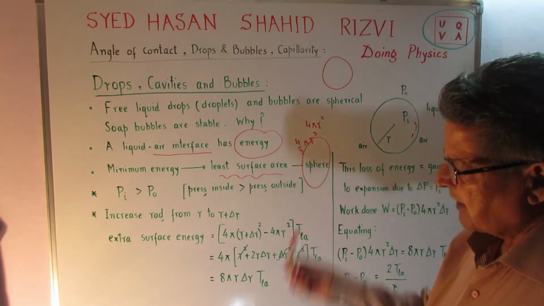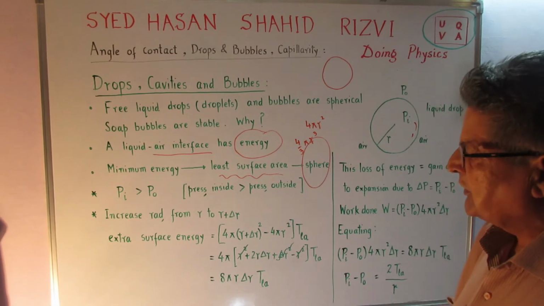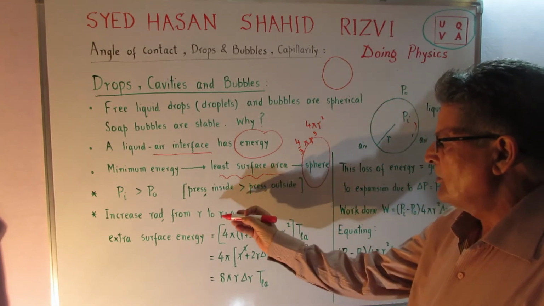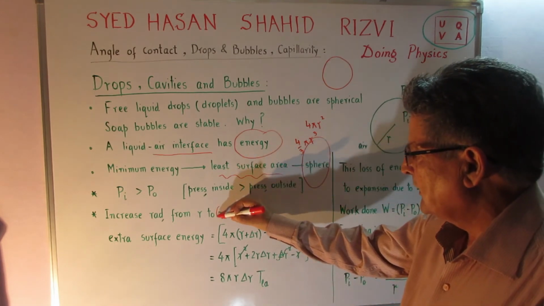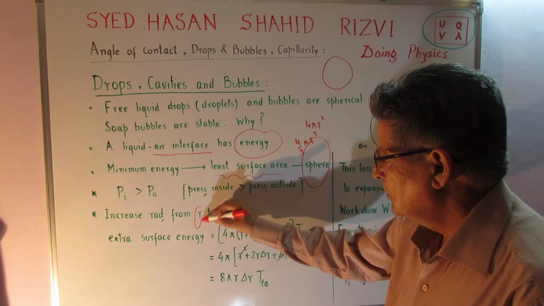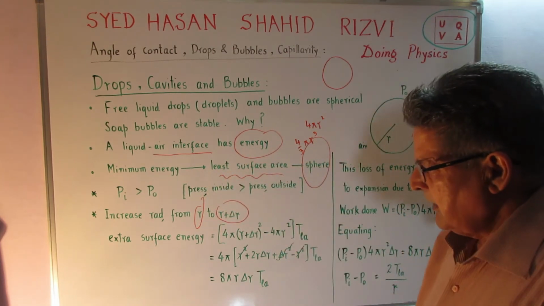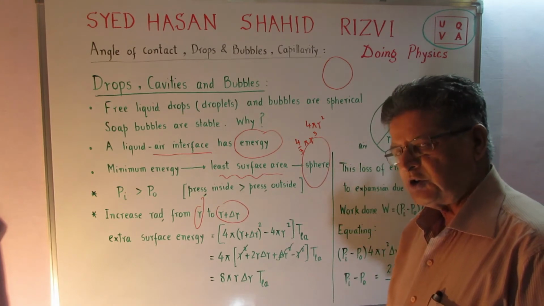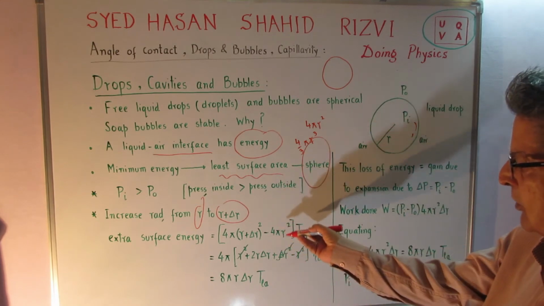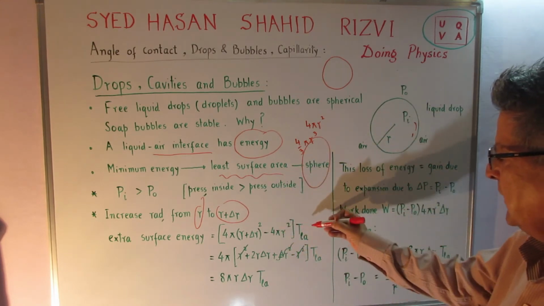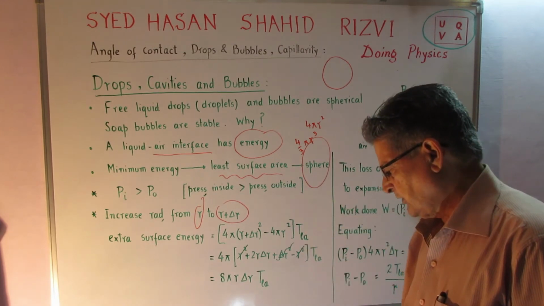Now, for the stability of the drop, if we try to increase the radius from r to a larger value r plus delta r, then an extra surface energy is calculated, and that is 4 pi (r plus delta r) whole square minus 4 pi r square into TLA, where this is the surface tension with liquid air interface.